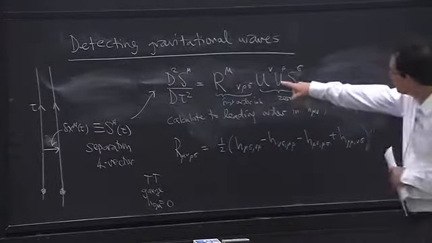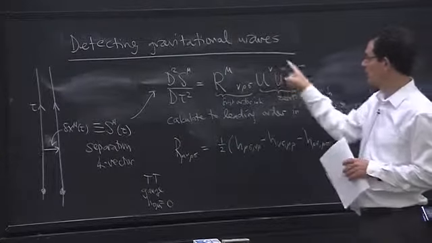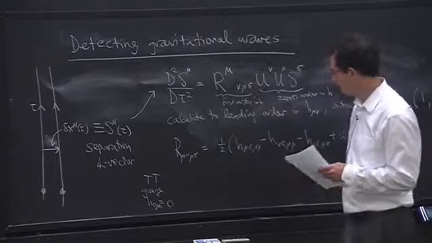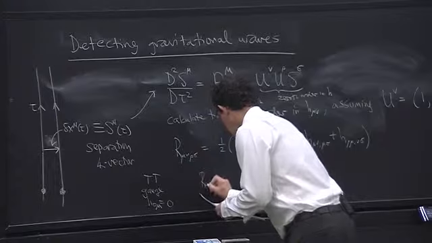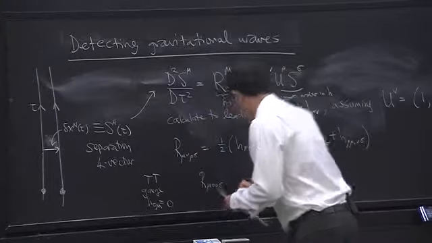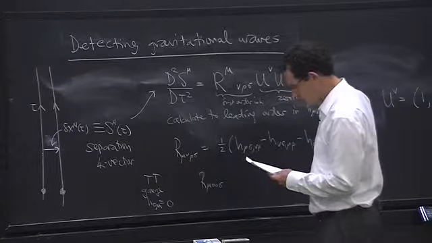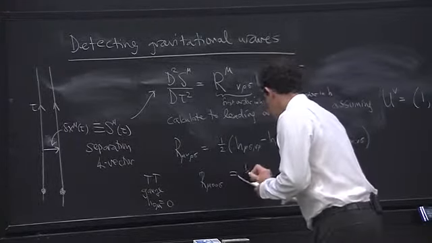If u nu only has a 0 component, the spatial components being zero, then all I need is R with 2 zeros down here. So the only thing I need is R mu 0 0 sigma, because the only non-zero u is u0. This is equal to 1/2.